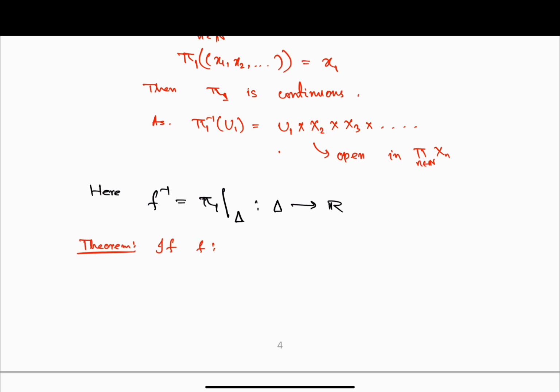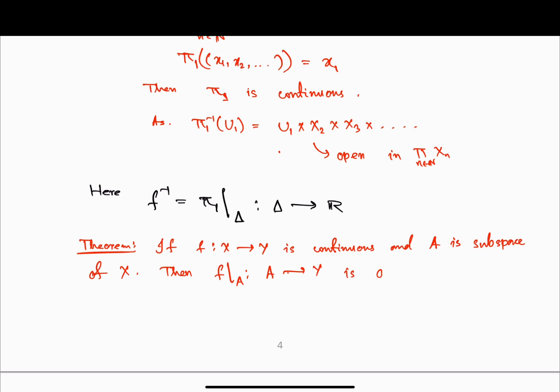If f from X to Y is continuous and A is a subspace of X, then f restricted to A, which is mapped from A to Y, is also continuous.